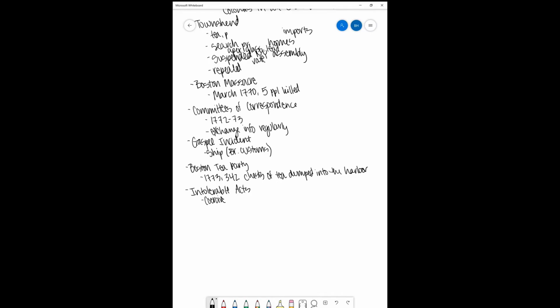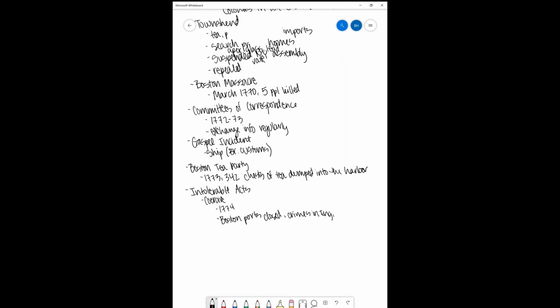So the Coercive Act was in 1774, and it was basically targeting a lot of Massachusetts and Boston because of the Boston Massacre, because of the Boston Tea Party. It seemed to be the hotbed area. So in the Coercive Act, the Boston ports were closed. Any crimes tried, which may have normally been tried in the colonies, were now tried in England.